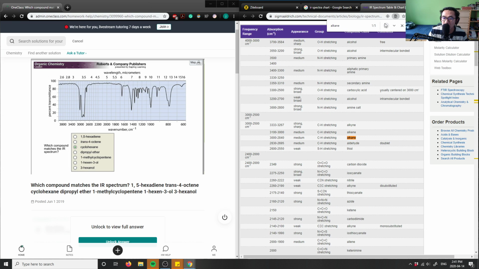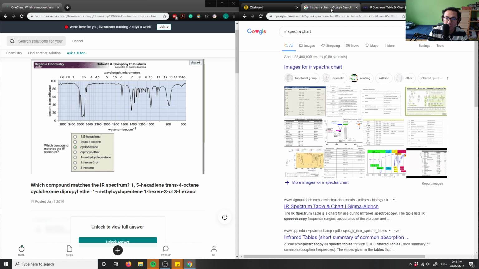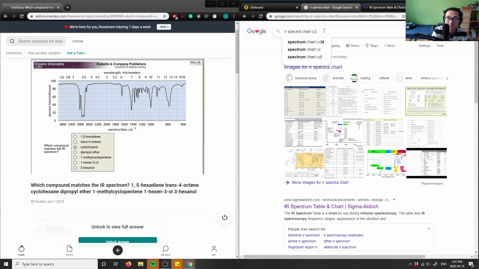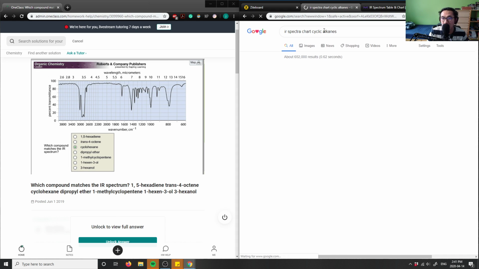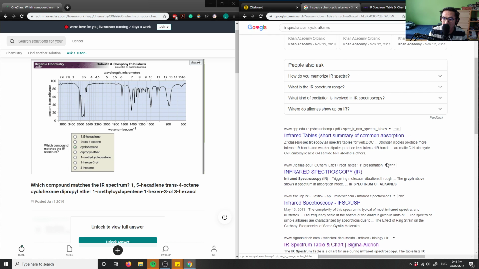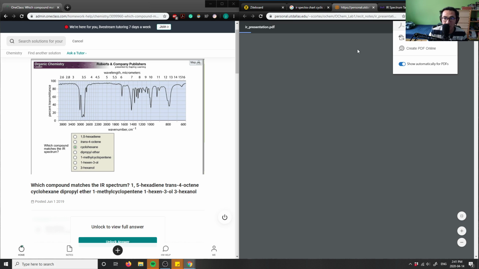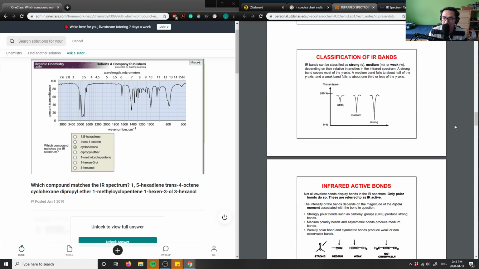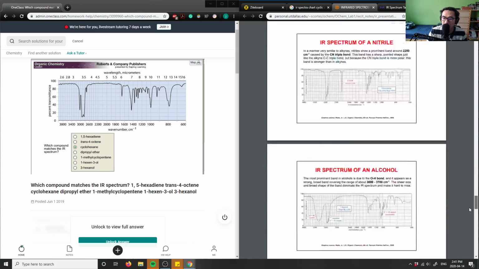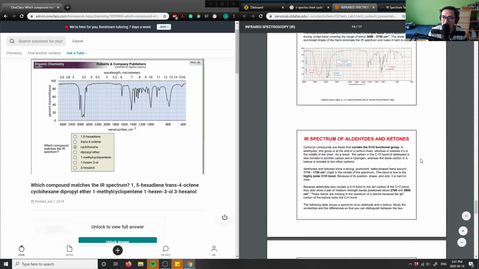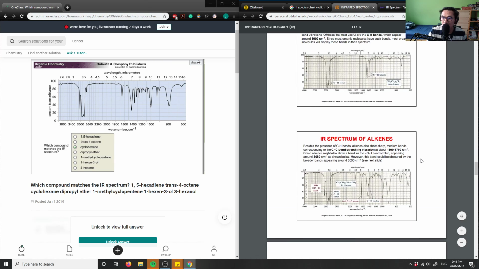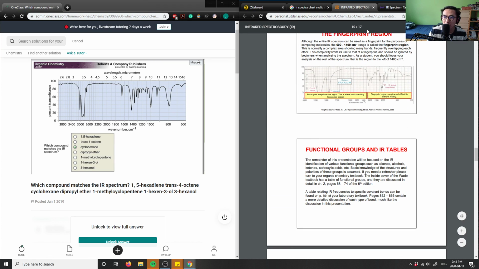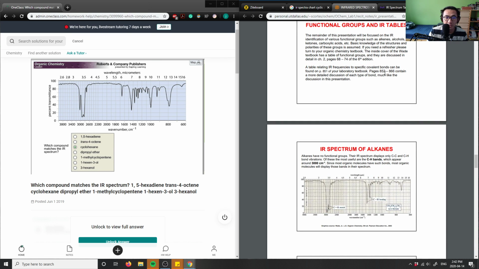They don't actually have an IR spectra for cyclic alkanes, so let me Google cyclic alkanes, if there's an IR doc here. Again, on a test, you would probably be given all this information. You don't have to memorize all the numbers, because that's very much not the right idea. So let me see cyclic alkanes. I can't find it here, so it's probably not it in terms of the alkanes.